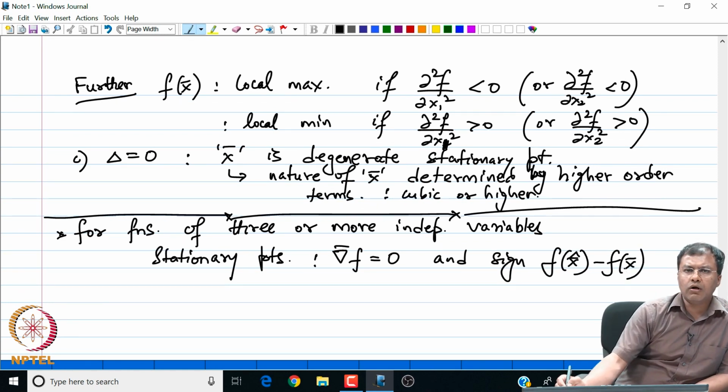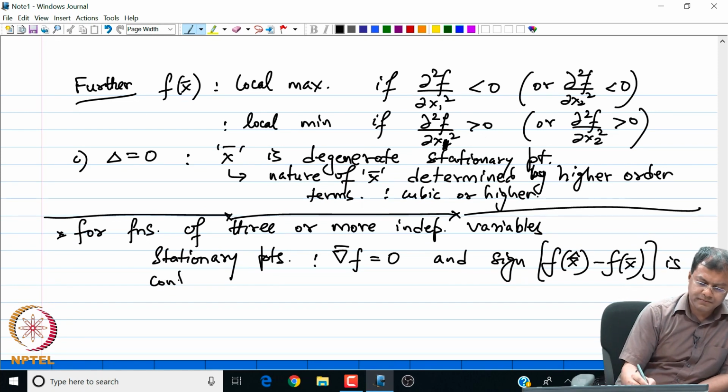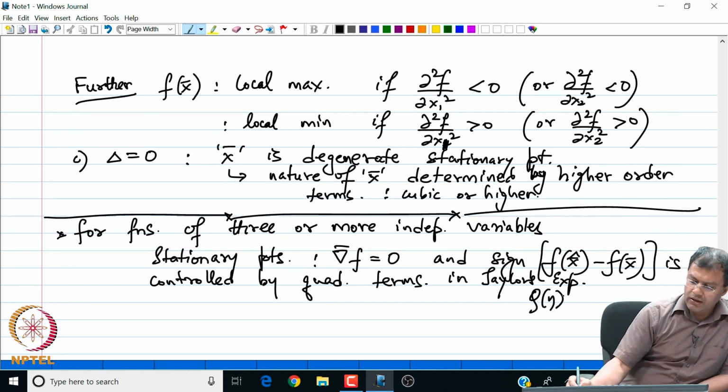is going to be controlled by the quadratic term q of eta, which will have the form that I am just going to write. So, the sign of this difference is controlled by quadratic terms in the Taylor's expansion, given by q of eta equals eta transpose H of x bar eta.